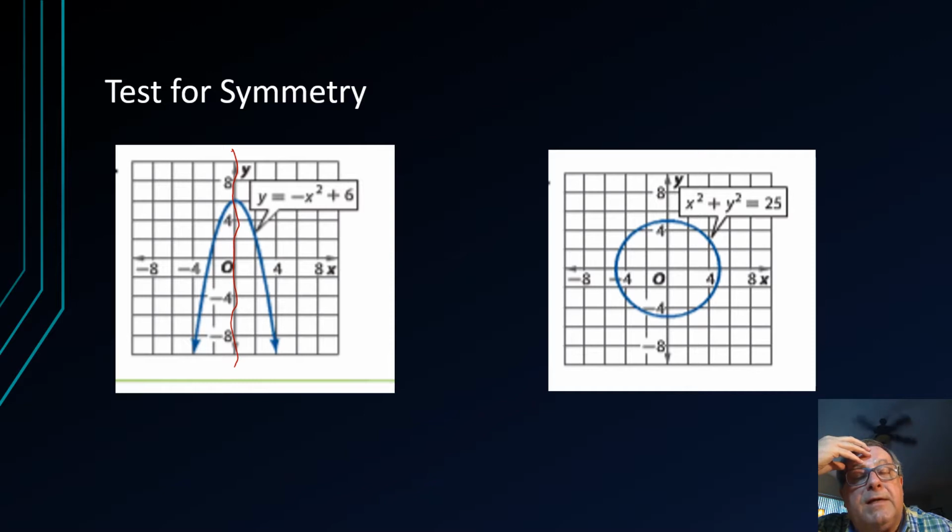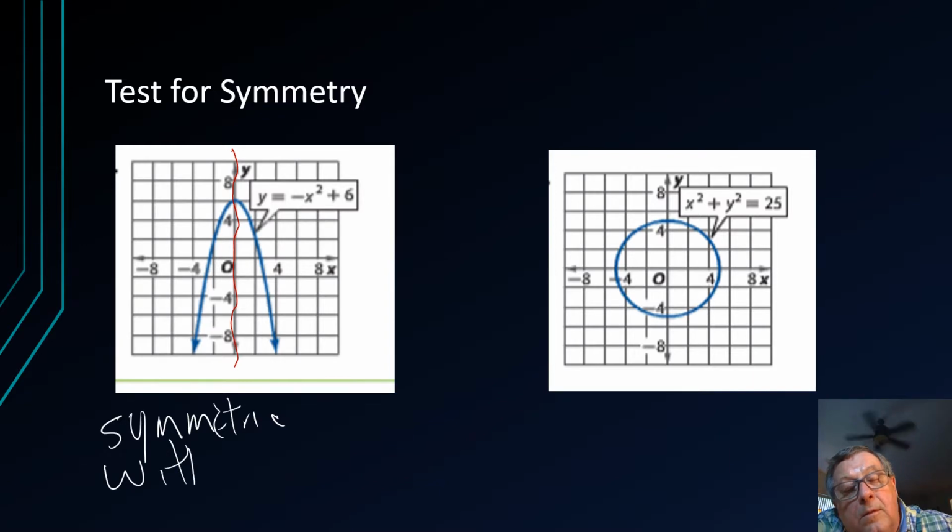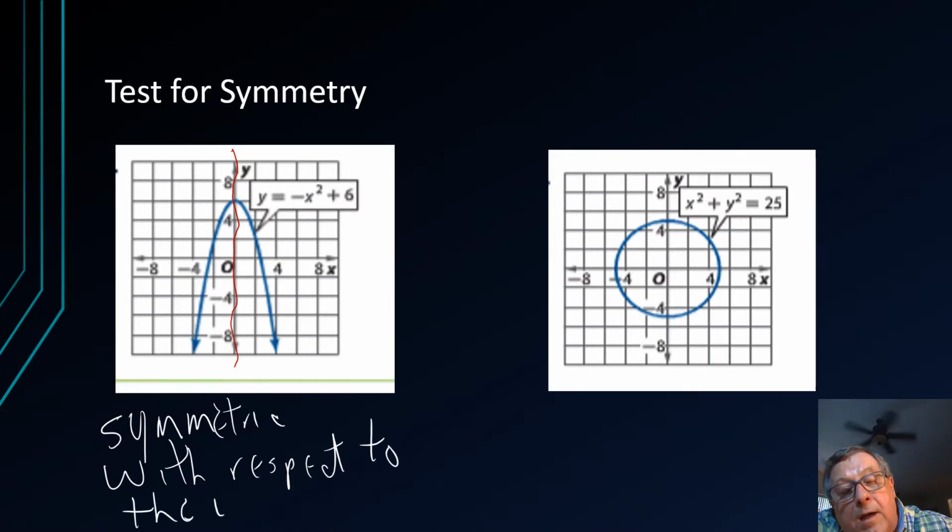So when x is negative 1 or 1, y is equal to 2. And so we can say that this is symmetric with respect to the y-axis.